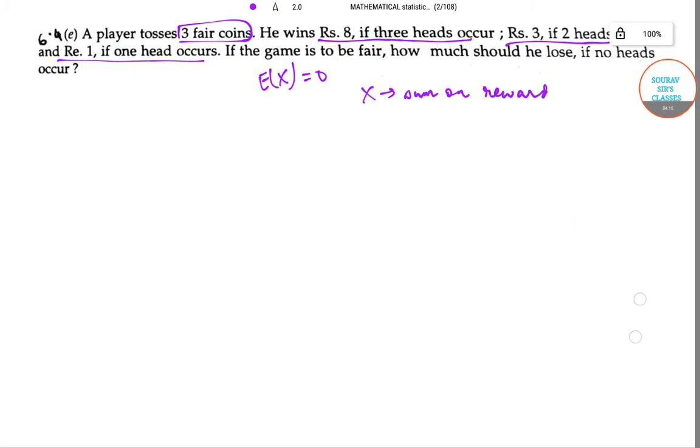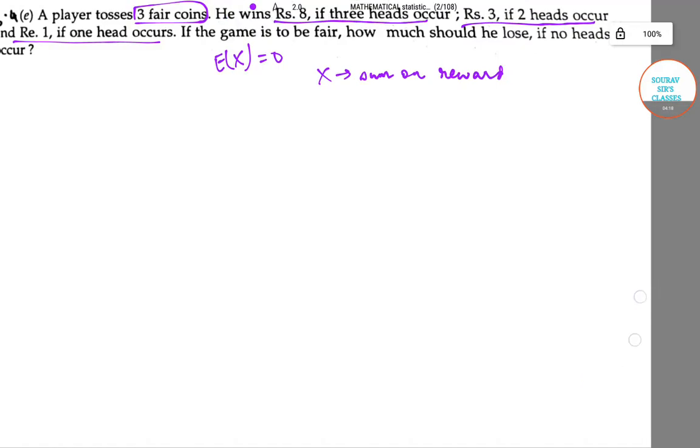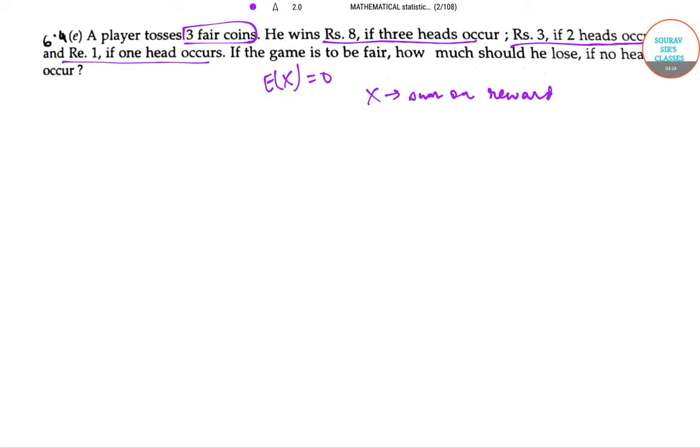So first let us construct a table for x. I am extremely sorry students for the inconveniences on the screen. So as I had said, for a fair game, expectation x should be equal to 0. Now let us construct a table.